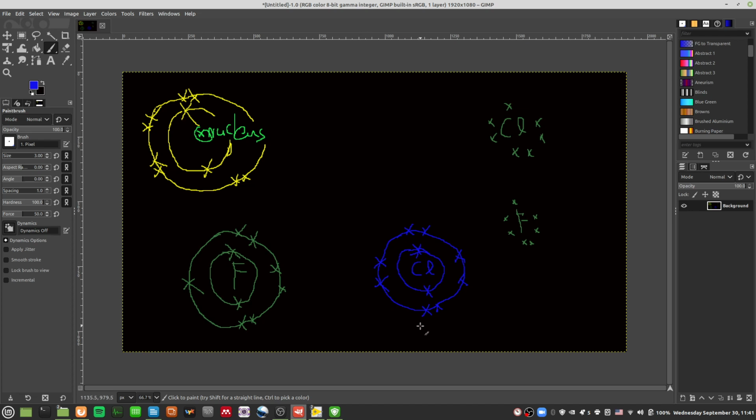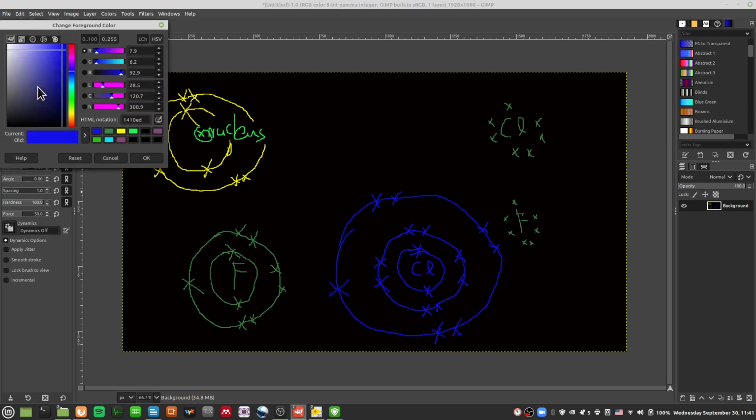Alright, so this is chlorine, the two innermost shells. So one more, you will have the outermost shell. Okay, and by outermost shell, it really means that it's physically further from the nucleus, right? Okay, so alright, then let me draw an electron now.